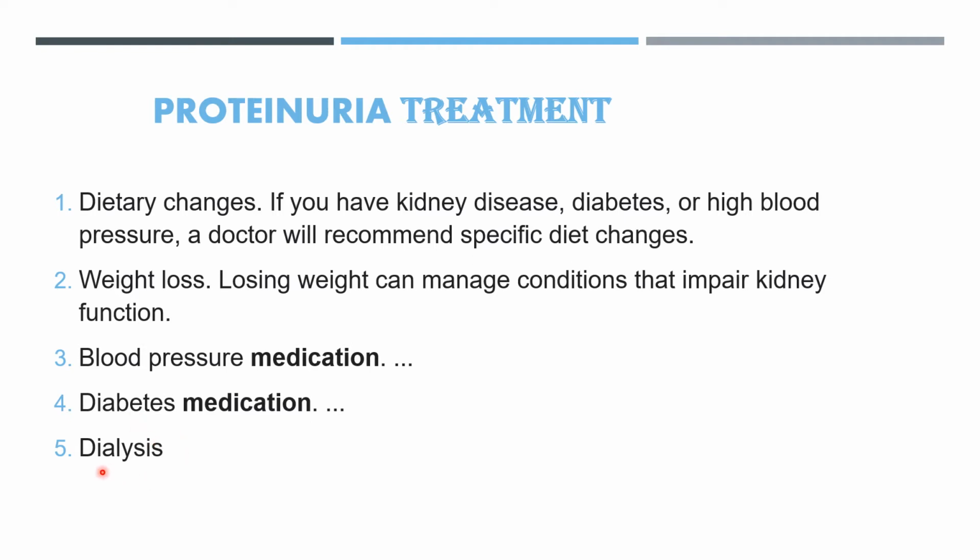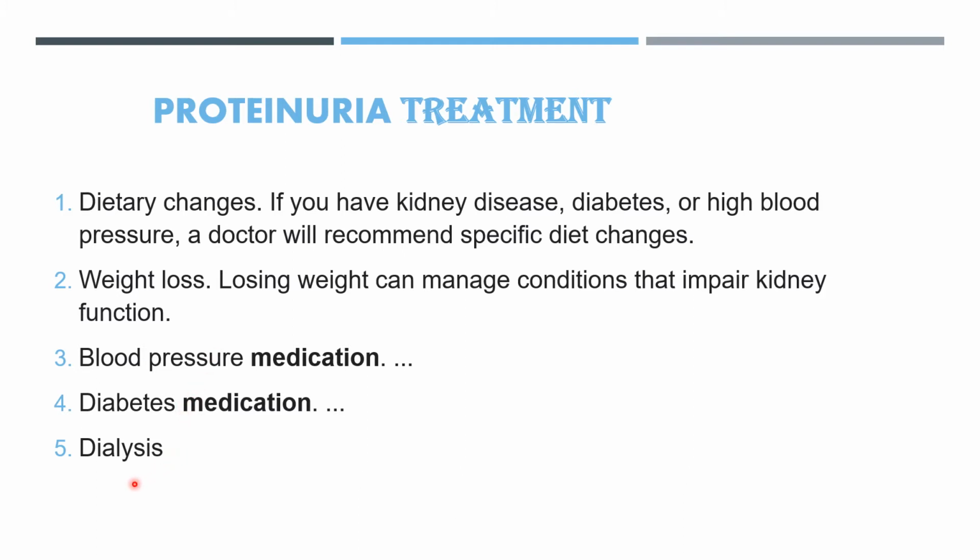And dialysis is done to perform the function of the kidneys, which they are not performing, but we will do the dialysis outside the body so that we can filter the blood in a proper way.